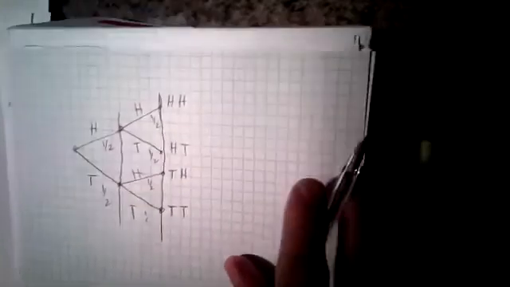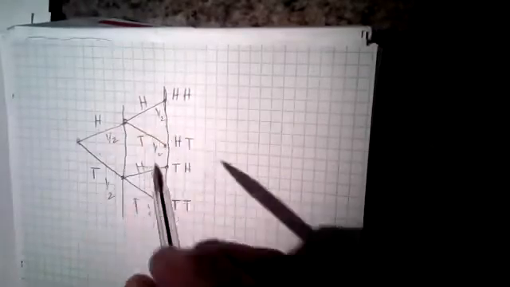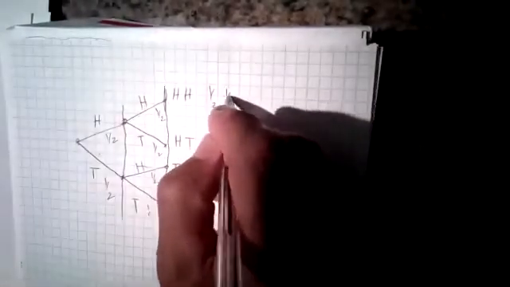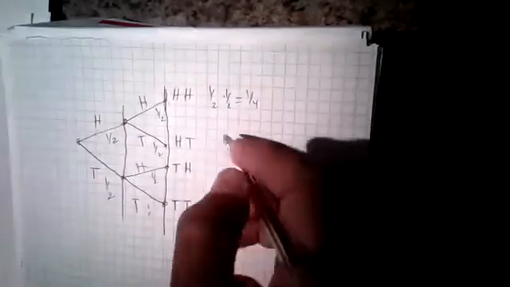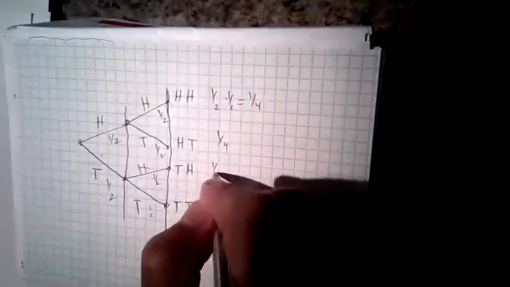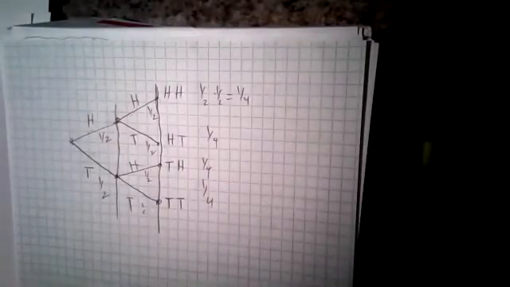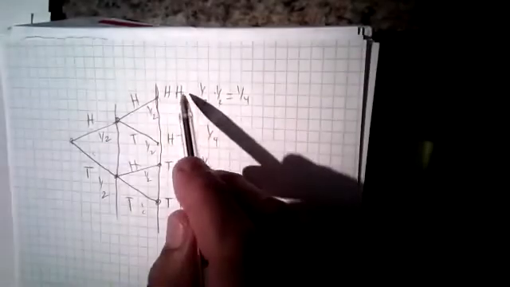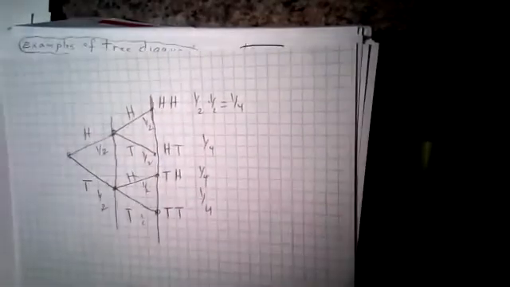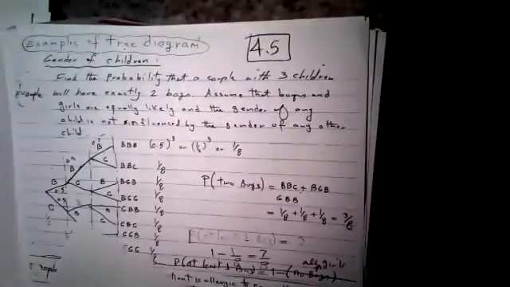How do I calculate? You just go through the tree. 1/2 times 1/2 is 1/4. They all are 25%. So that's when you flip the coin 2 times and you want to know all the possible outcomes.